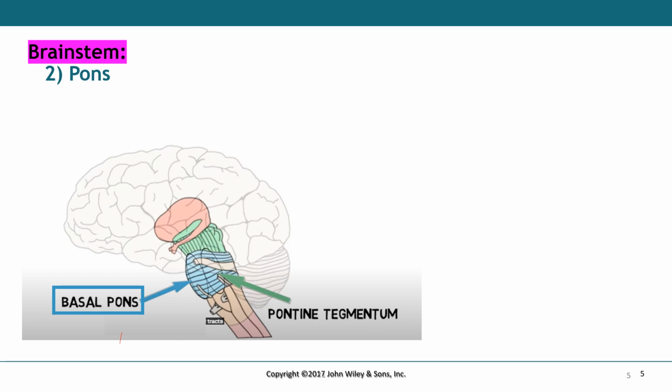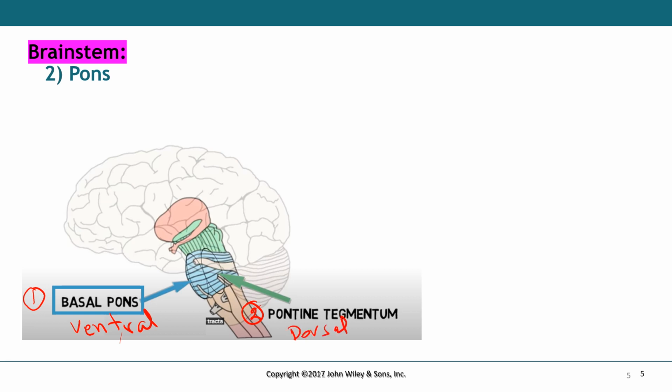So now that we understand the function of the pons, we can focus on the structural components, and there are two structural components. The basal pons, or ventral region, and the second component, the pontine tegmentum, or dorsal region.